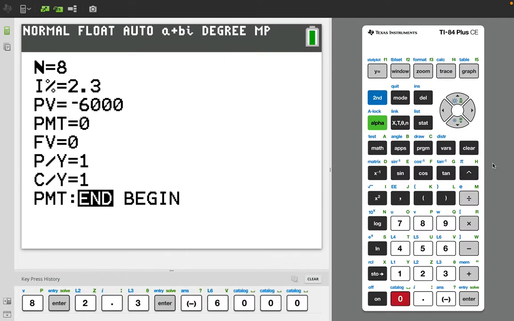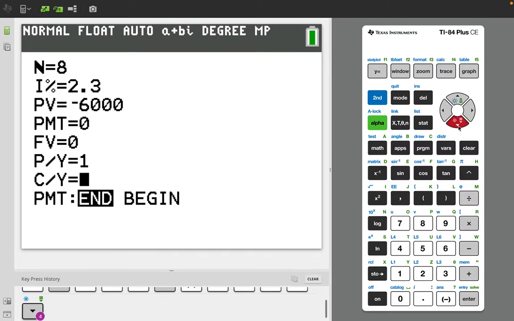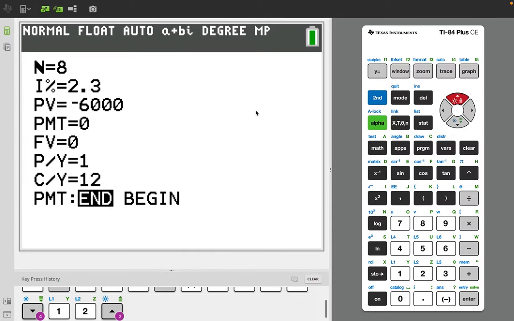So it's 6,000 here, we have 0, and then we have compounded monthly. And then in order to solve, you have to press alpha and then enter, and that will help you solve. You can see the solve written in green. So you go to the value that you need to find. We need to find the future value.